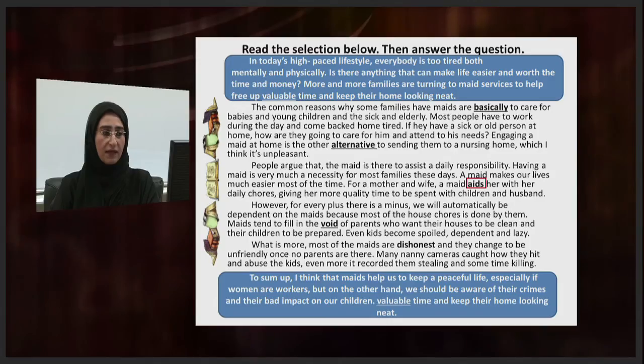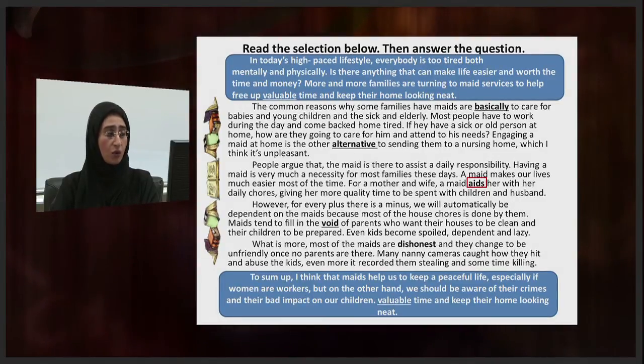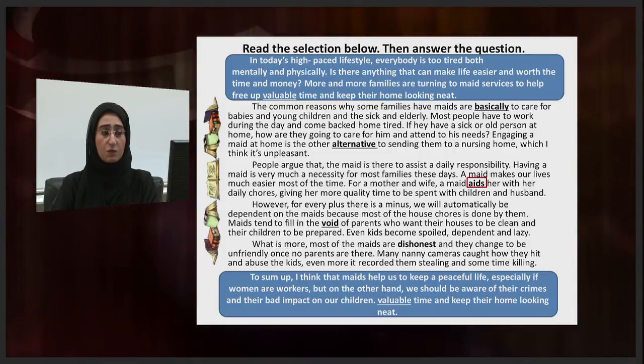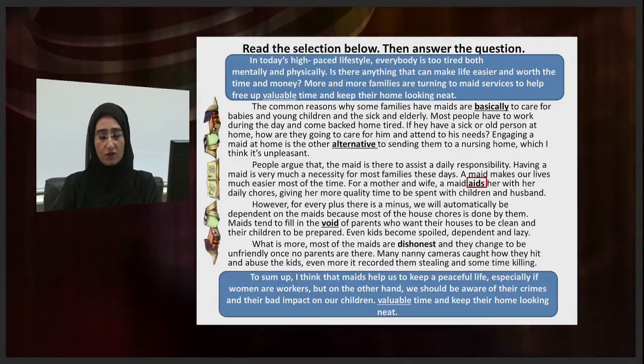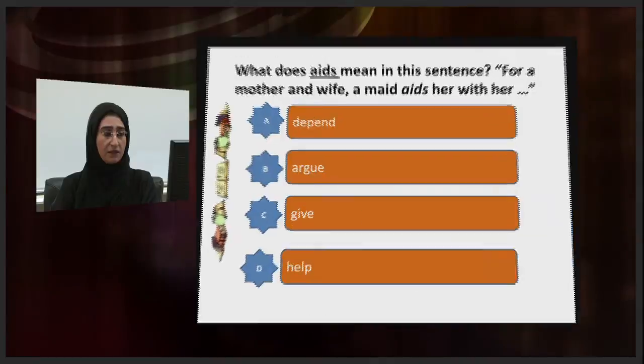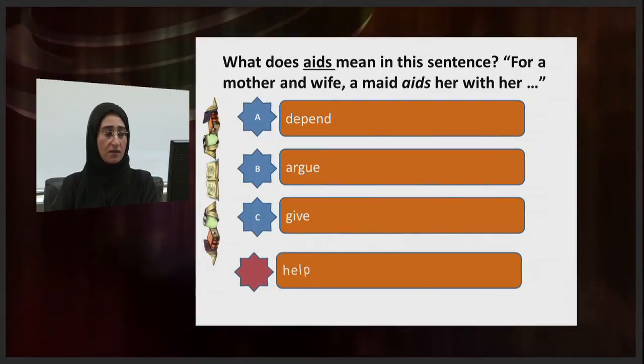Let's read here. For a mother and wife, a maid aids her with her daily chores, giving her more quality time to be spent with children and husband. So I think that you got the idea here and you got the answer. The answer here is help.